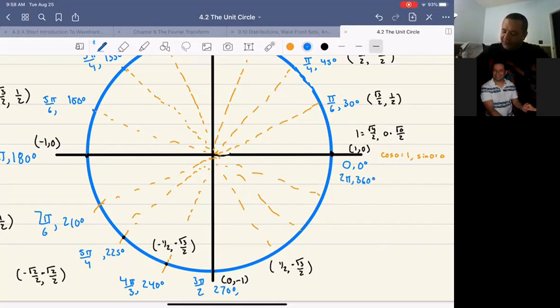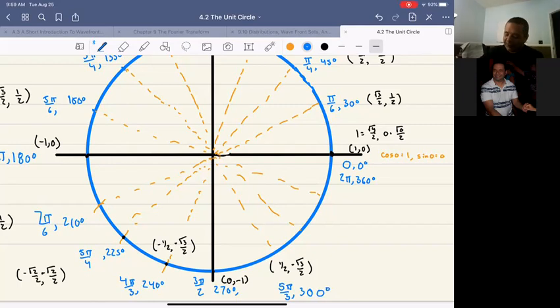So I'm going to think in terms of 2 pi minus pi over 3 is 5 pi over 3, or I could also think in terms of 360 minus 60 degrees is 300 degrees.